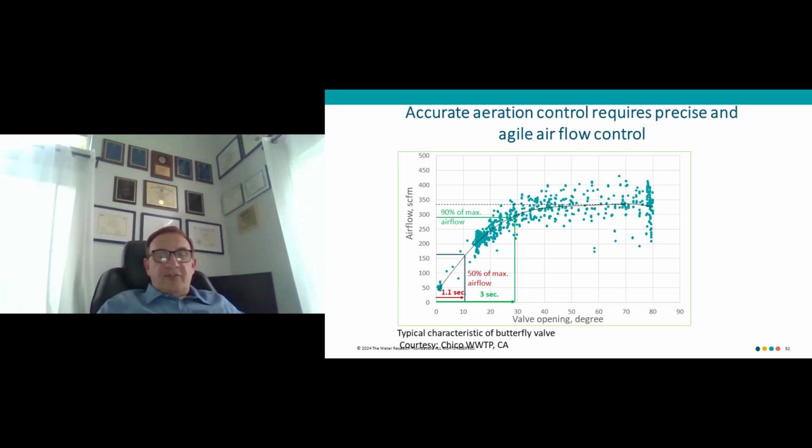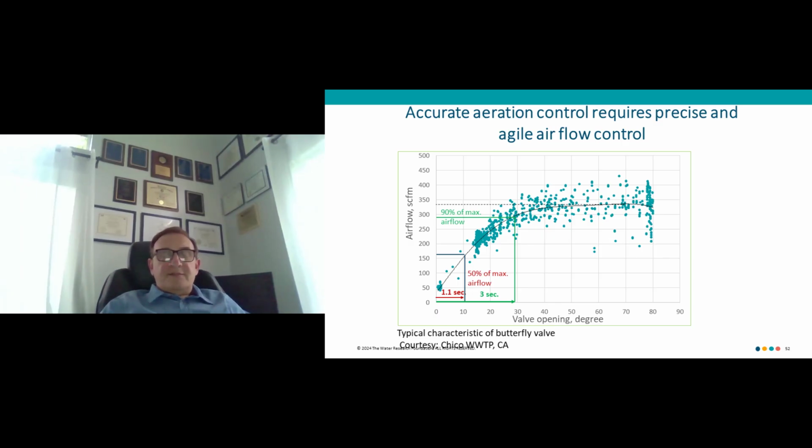Realizing the importance of precise aeration control and the challenges that butterfly valve control presents, several companies, as Natalie showed, decided to change the type of valve and develop valves with linear characteristics.